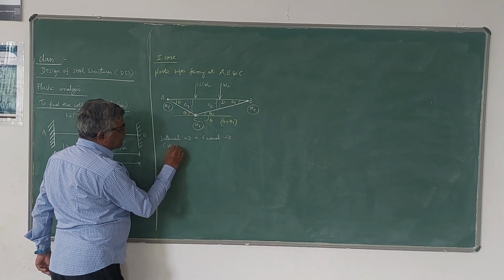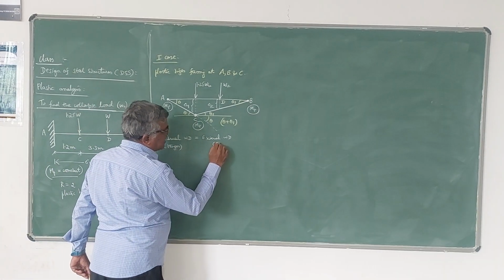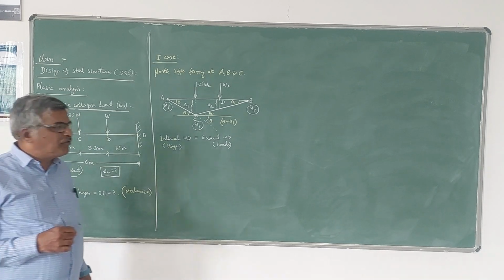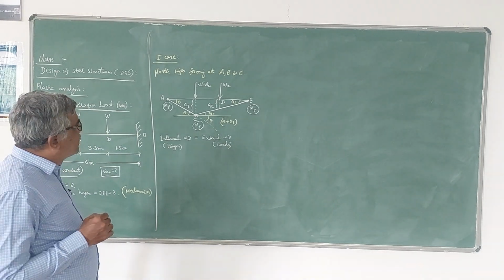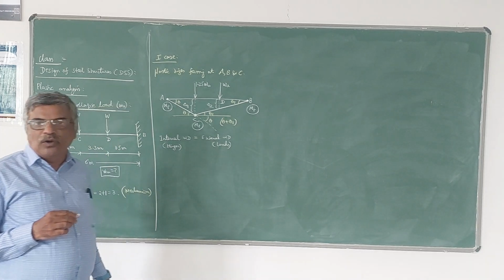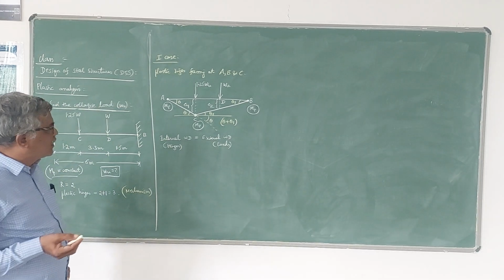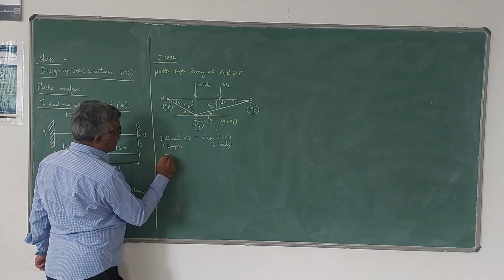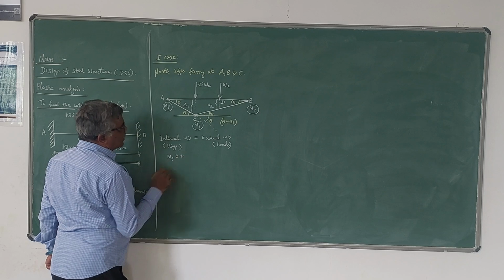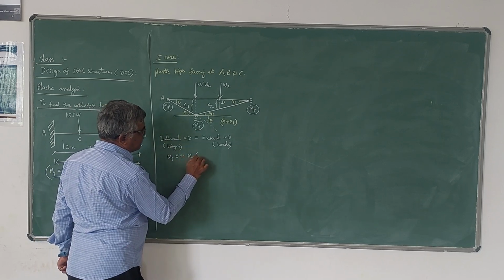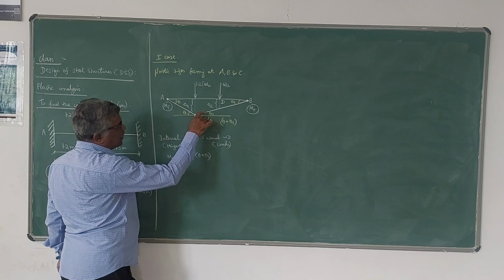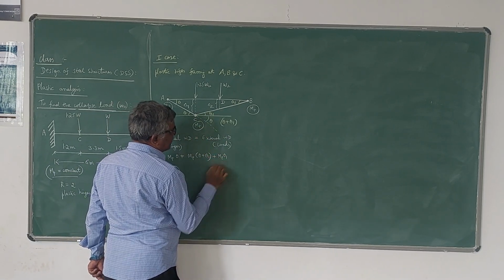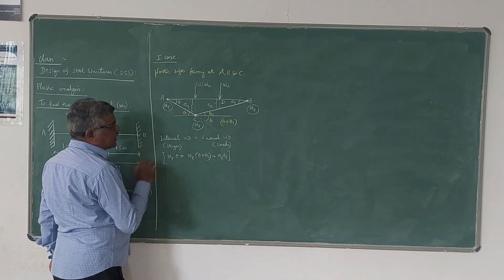Internal work done is due to the formation of plastic hinges, and external work done is due to the loads. Internal work done is given by the product of MP and the corresponding rotation, and external work done is given by the product of load and the corresponding displacement. The internal work done expression is MP into theta at A, plus at C it is MP into theta plus theta 1, the total rotation, and at B it is MP into theta 1. This is the total internal work done.